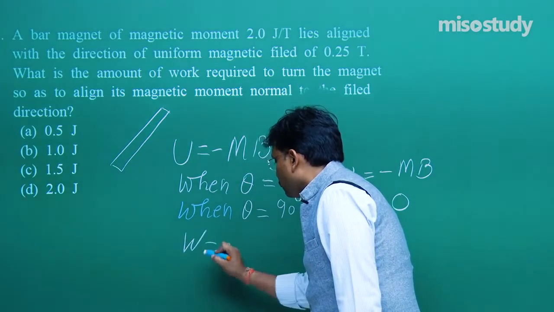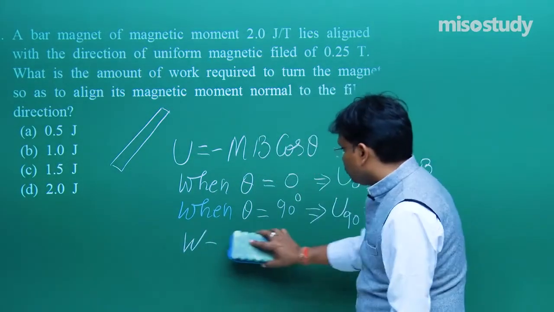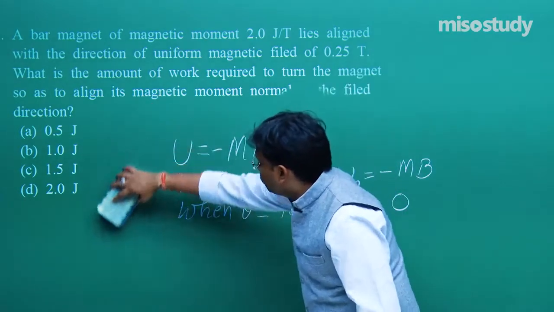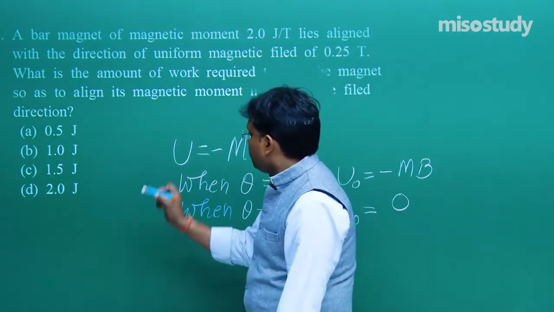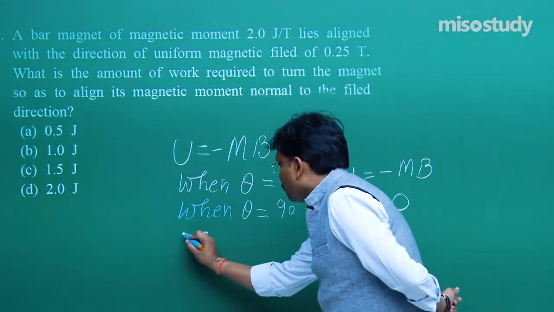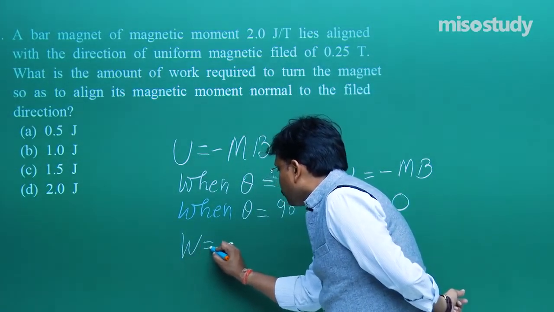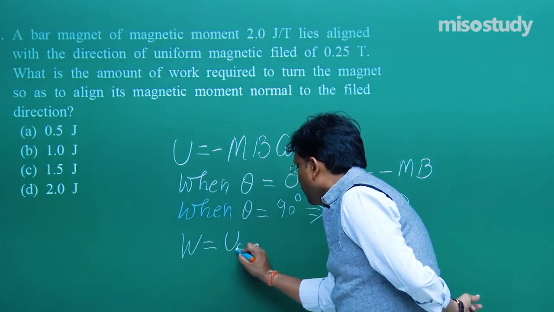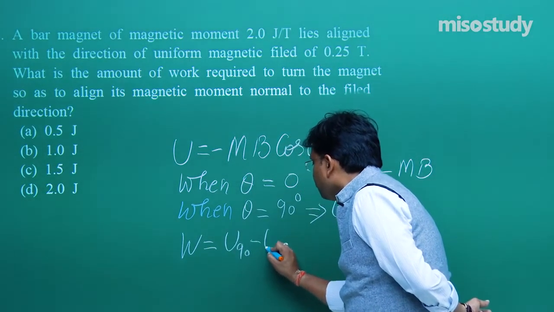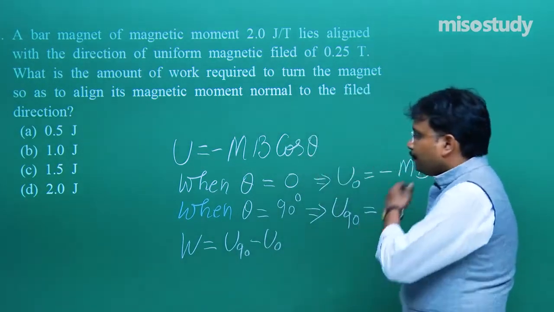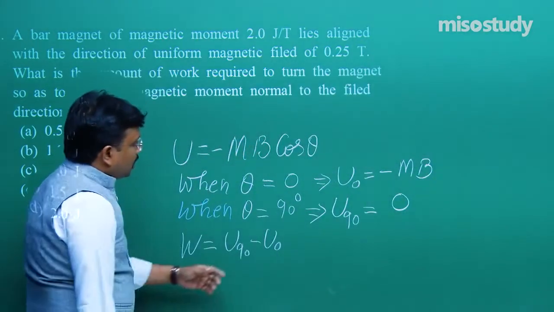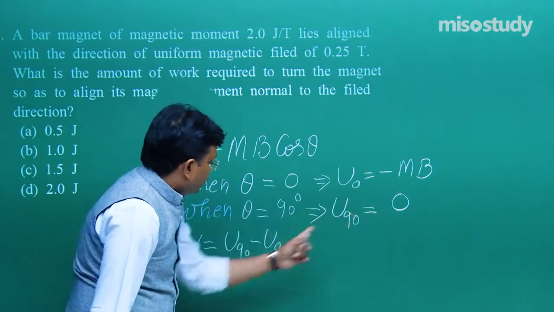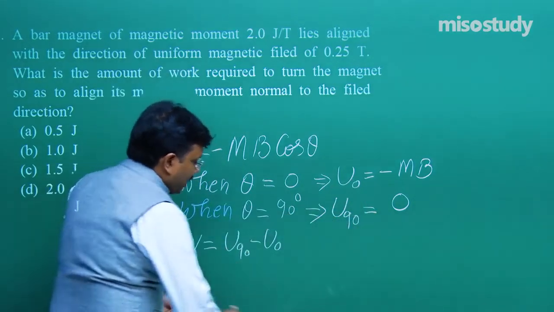W is equal to, I think I should erase this portion and mention it over here, W is equal to U90 minus U0. So U90 minus U0 means what? You have to put the values, that is 0 minus mB.